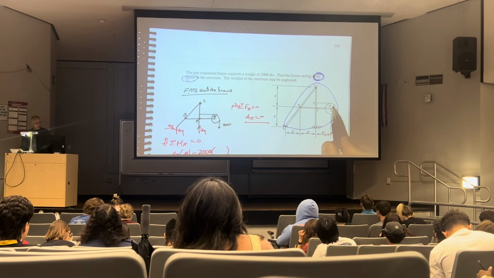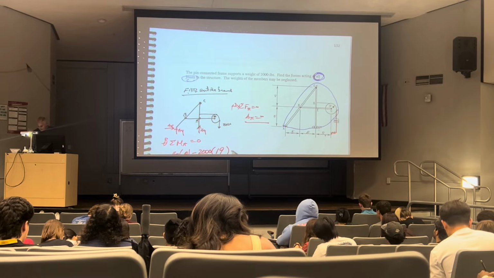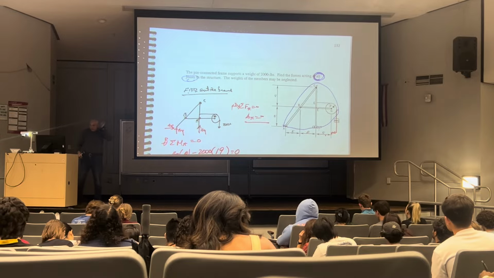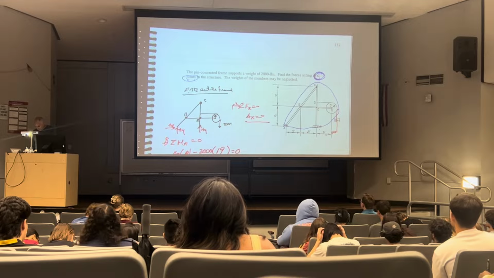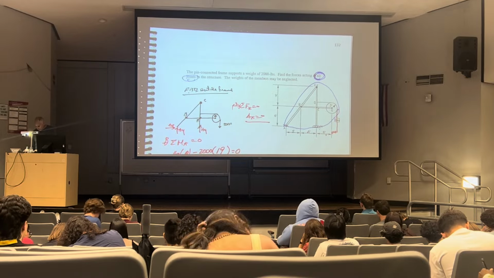Well, that distance is the radius of the pulley. So that's technically 19 equals 0. I get a lot of students wrong because they don't read the diagram in detail. So HY comes out. HY is 3,800 pounds upwards.